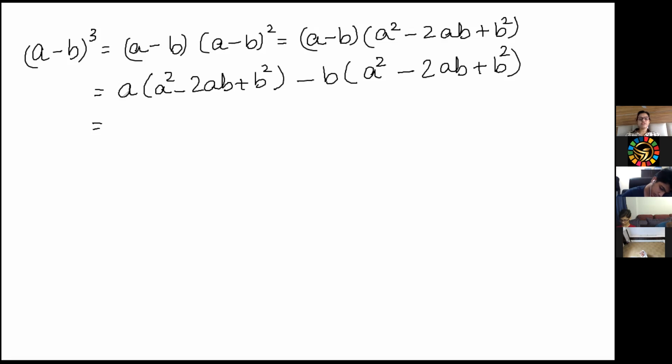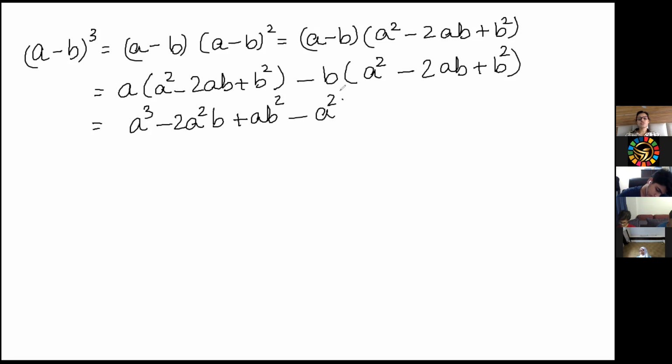Okay, Ahmed, give me the first term, a into a square. A cube. Then minus 2a square b, then plus ab square, then minus a square b.